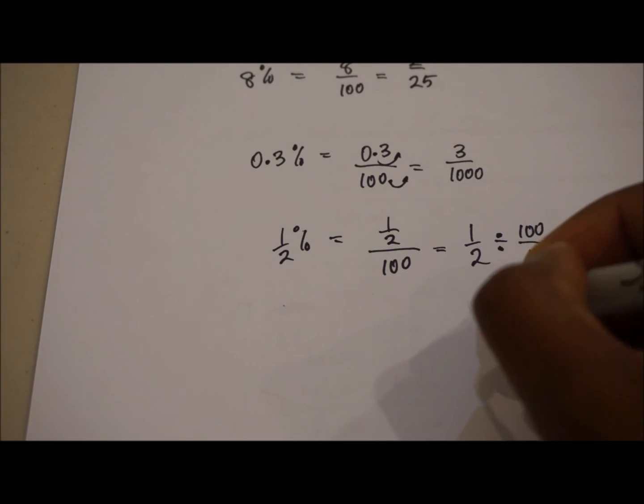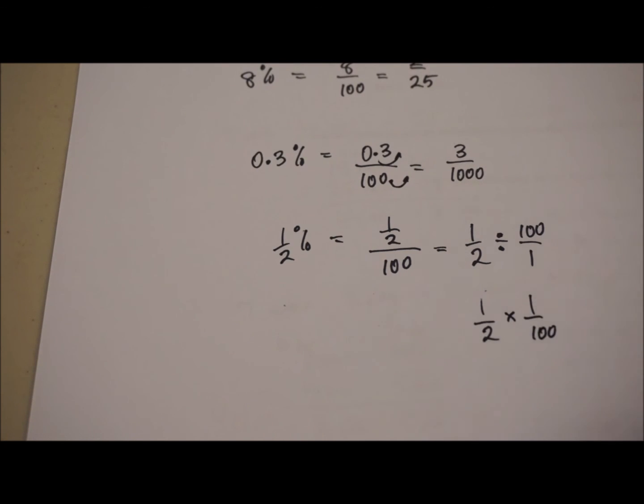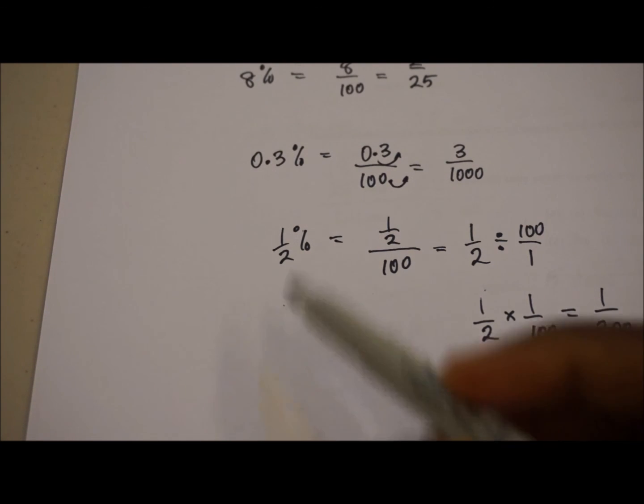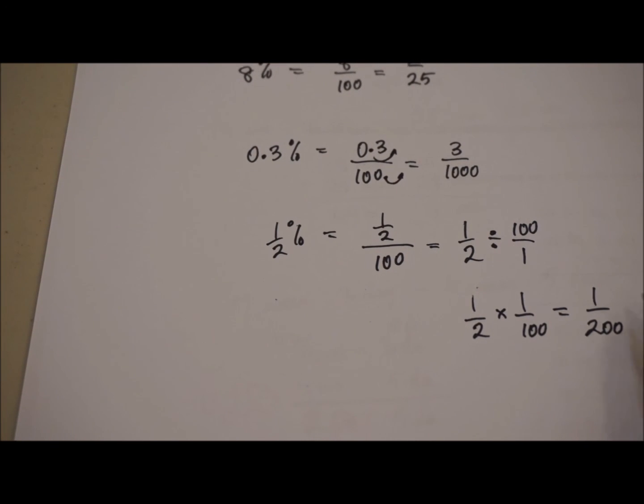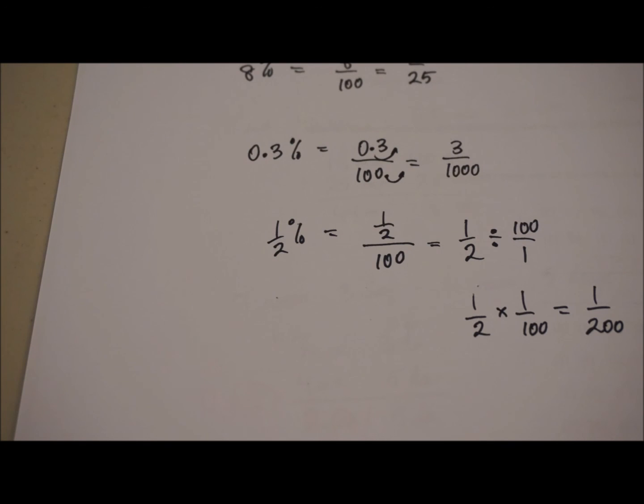Therefore, this can be rewritten as 1 over 2 times 1 over 100. And from there, I work it out. 1 times 1 is 1. 2 times 100 is 200. Therefore, 0.5% is exactly the same thing as the fraction 1 over 200. Therefore, we can take percents and convert percents into fractions.